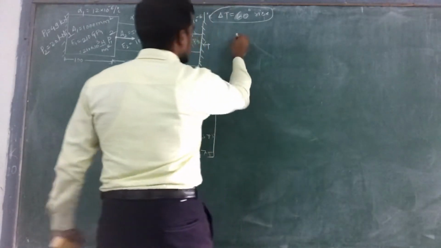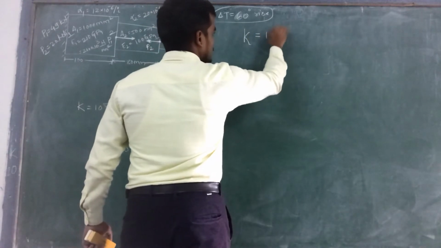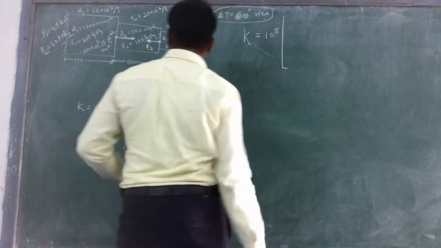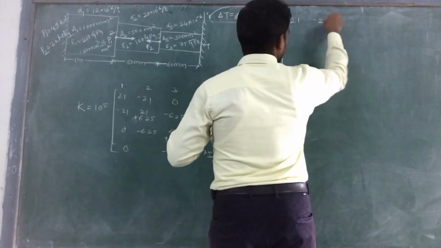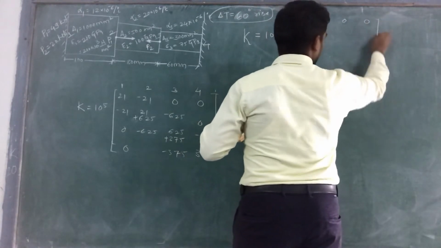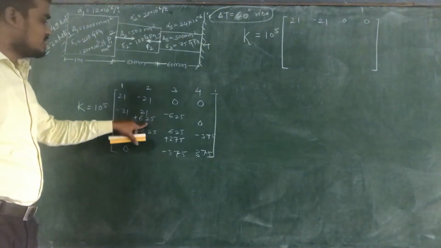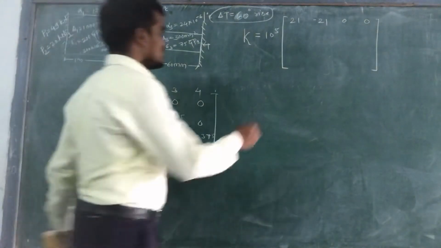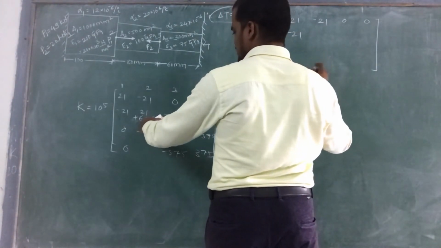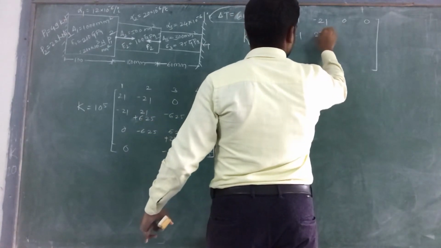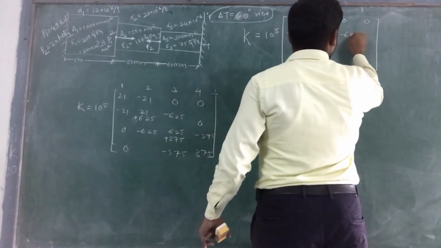So finally your global stiffness matrix K will become equal to 10 raised to power 5 into 21 minus 21 0 0, minus 21, now 21 plus 6.25, so 27.25, then minus 6.25, 0.